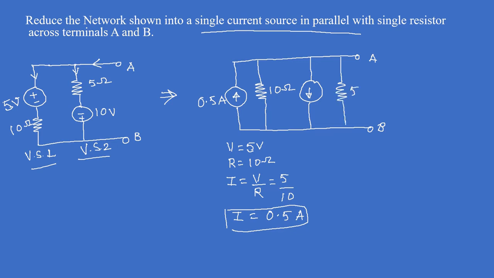Now we will calculate in a similar way the value of that current. Voltage is 10, resistance is 5. So the value of current is simply V by R, which comes out to be 2 ampere. So this value is 2 ampere.